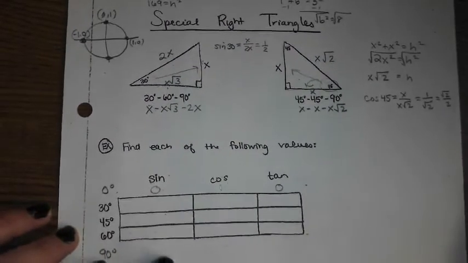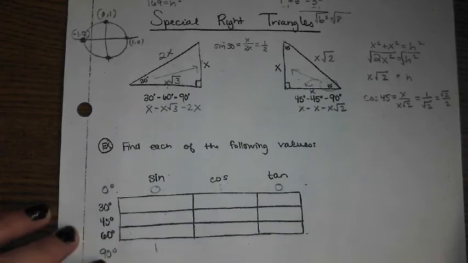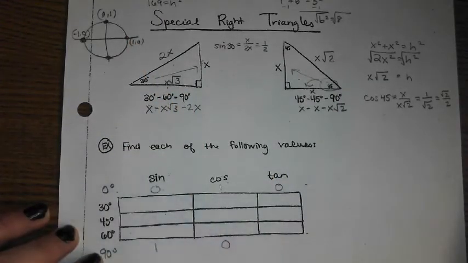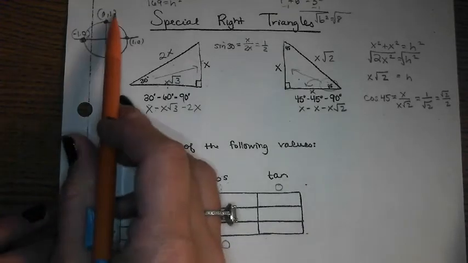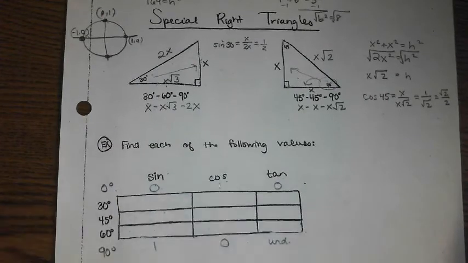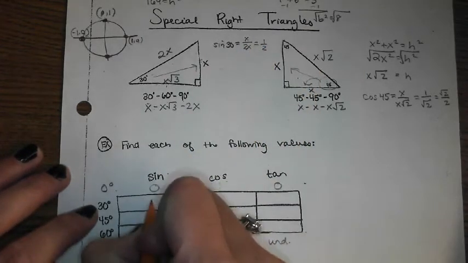If we go to our 90-degree angles, take your y-coordinate as your sine, 1. Take your x-coordinate as your cosine, 0. And your tangent is the y-coordinate of 1 divided by the x-coordinate of 0. That's undefined. Sine of 30, we already showed the opposite over hypotenuse ratio there.